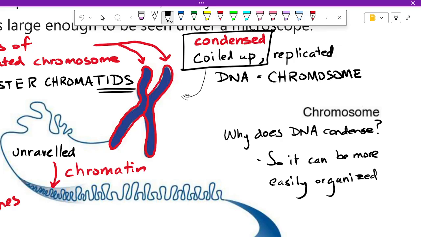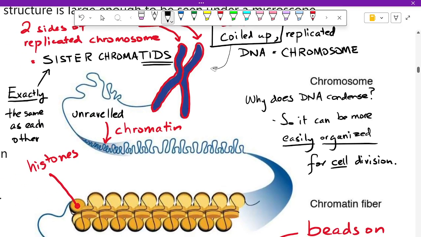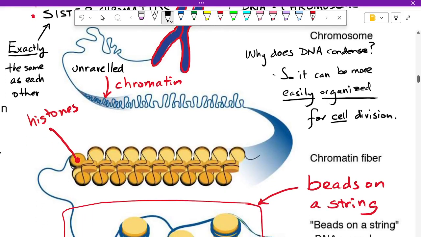You can read it, you can make RNA copies, it can go out and make proteins. Why would we care to organize it? What process is going to happen? Cell division. So it can be more easily organized for cell division. Okay.